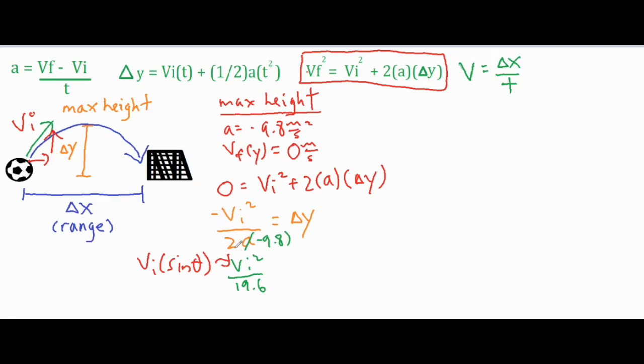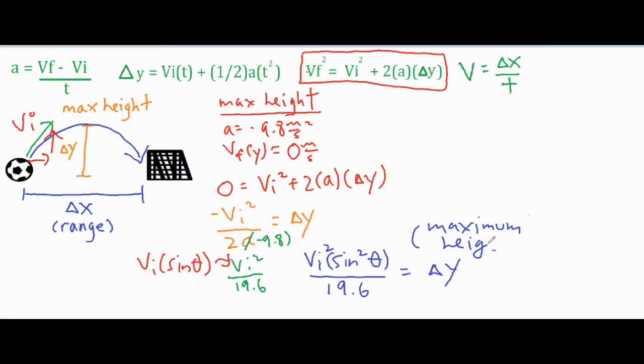That's our vi over here because we're working in the vertical direction if we're solving for the max height. So we can simplify one more time, and we call it vi squared sine squared of theta all over 19.6. And that gives us our delta y, which is our maximum height.